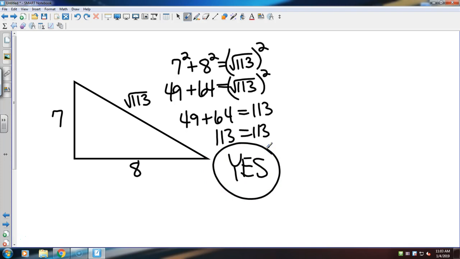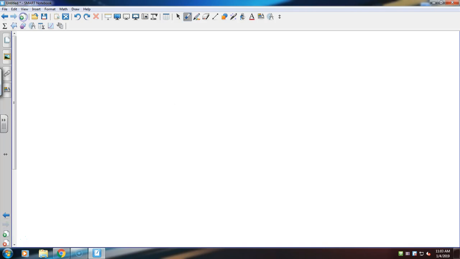Now, there's also a section that's going to ask, if it gives some sides, do they form a right triangle, do they form an acute triangle, or do they form an obtuse triangle? Obviously, if you have a squared plus b squared and it equals c squared, then that's a right triangle every time.